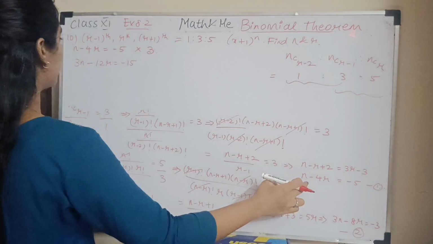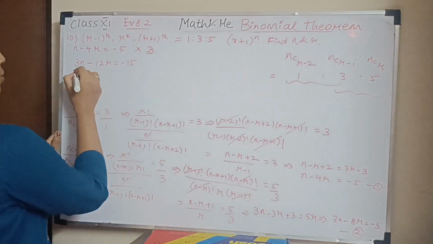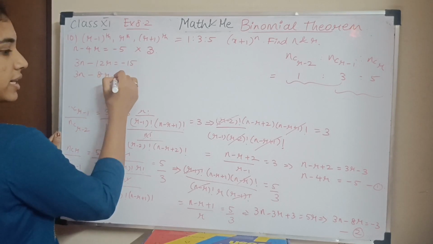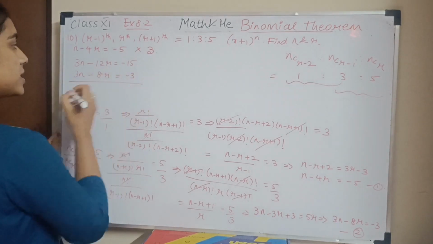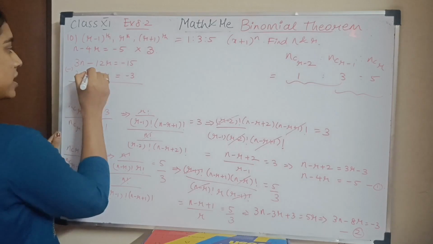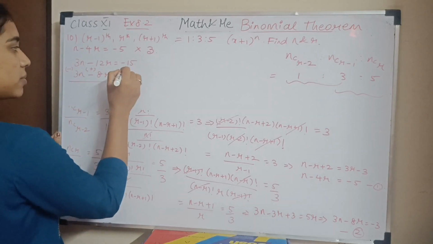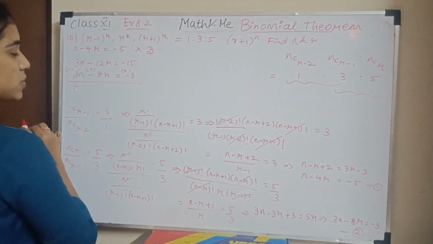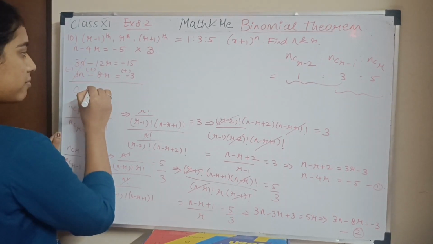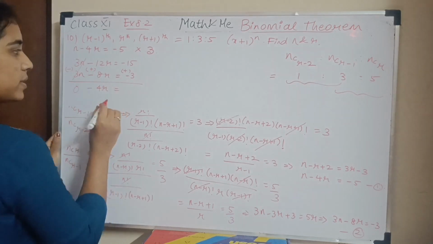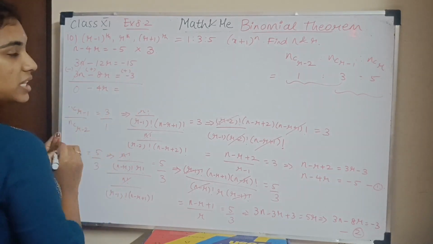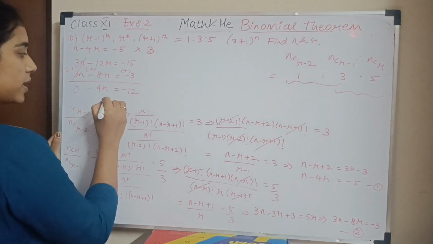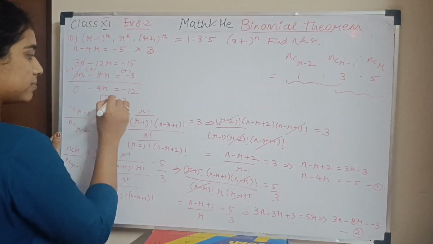What is my equation number 2? 3n minus 8r equals minus 3. When I subtract, 3n minus 3n is 0, minus 12r plus 8r, so I have minus 4r equals minus 15 plus 3, which is minus 12. So 4r equals 12, r equals 3.